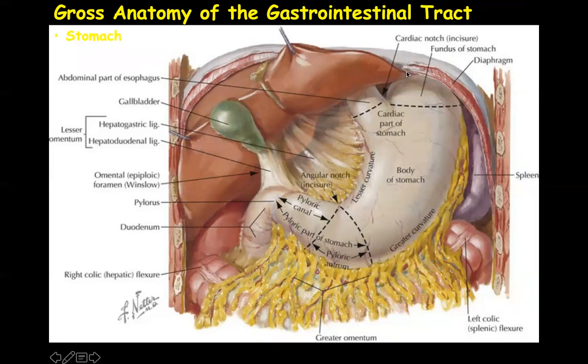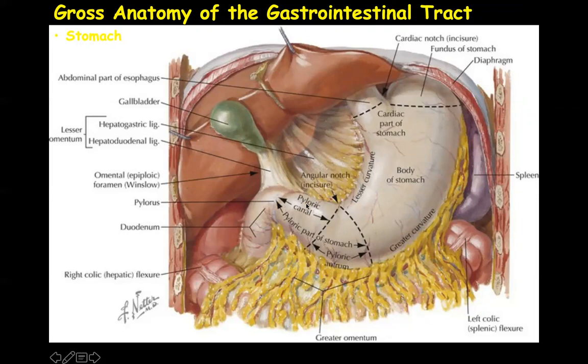The fundus is this dome-shaped region that's superior to and left of the cardiac region. The main part of the stomach is the body of the stomach. So most of the stomach is the body. And then the pyloric region is this narrow distal region of the stomach, which contains the pyloric sphincter, and that's regulating passage of acidic chyme into the small intestine.